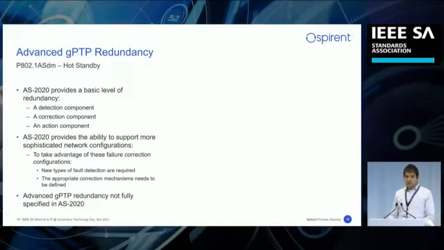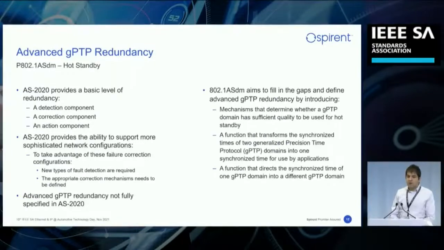IEEE started a project. The project is called ASDM. In ASDM, the aim is to fill the gaps and to define the right components to deal with the missing parts in AS 2020. Those missing parts are a mechanism to determine when a gPTP domain has insufficient quality or is not up to the task of providing good time synchronization information.